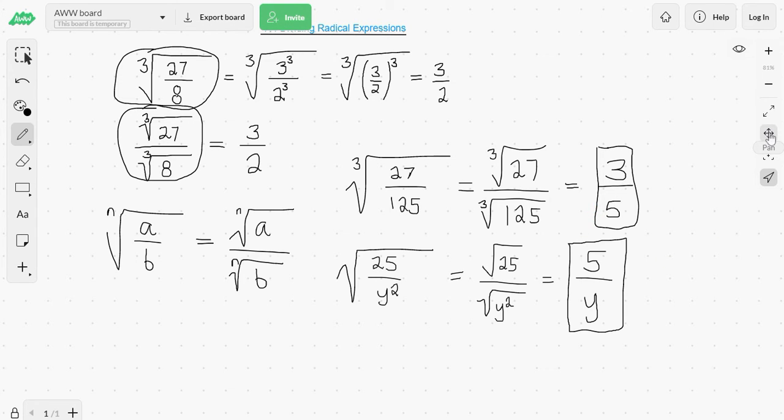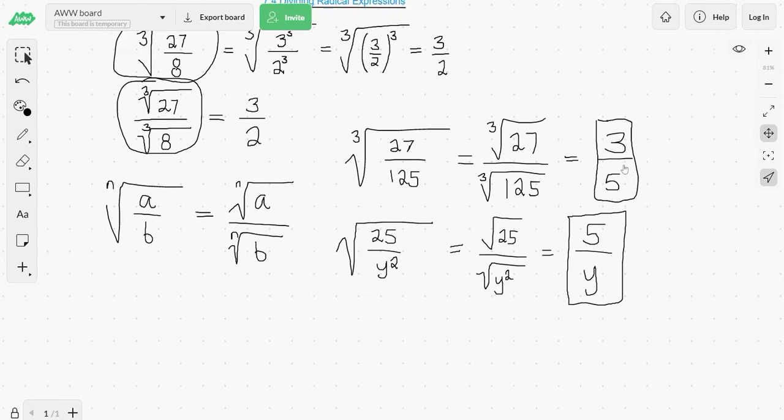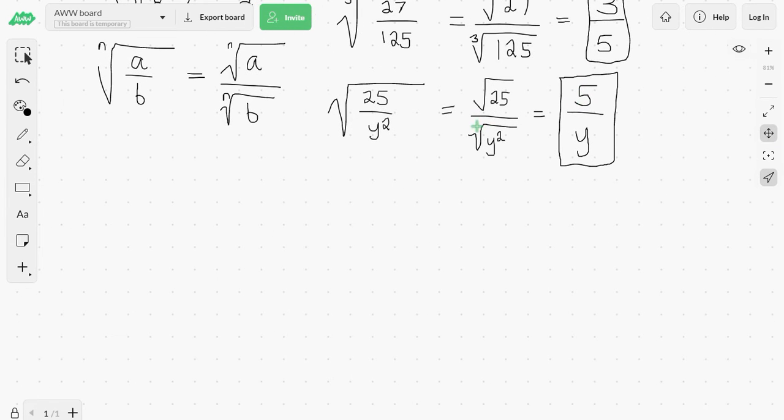Next, let's take a look at some examples that involve some more simplification along the way as we calculate and apply these properties. Let's say we want to calculate the square root of 80 divided by the square root of 5.